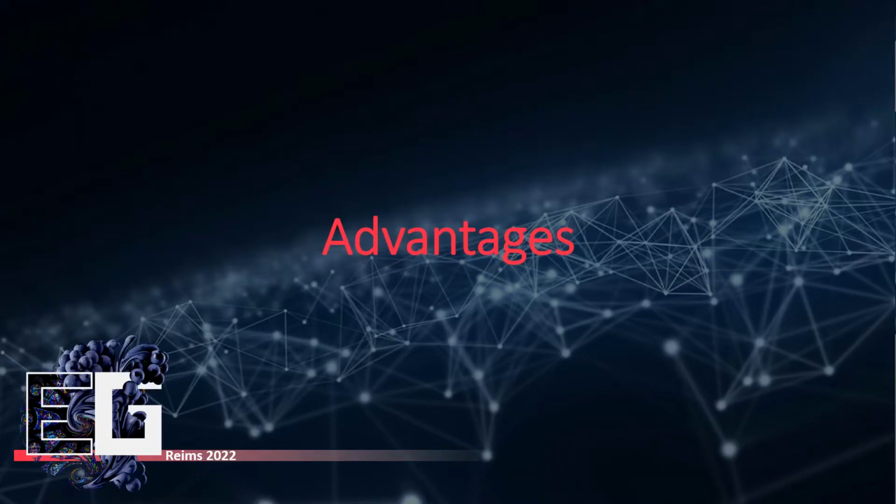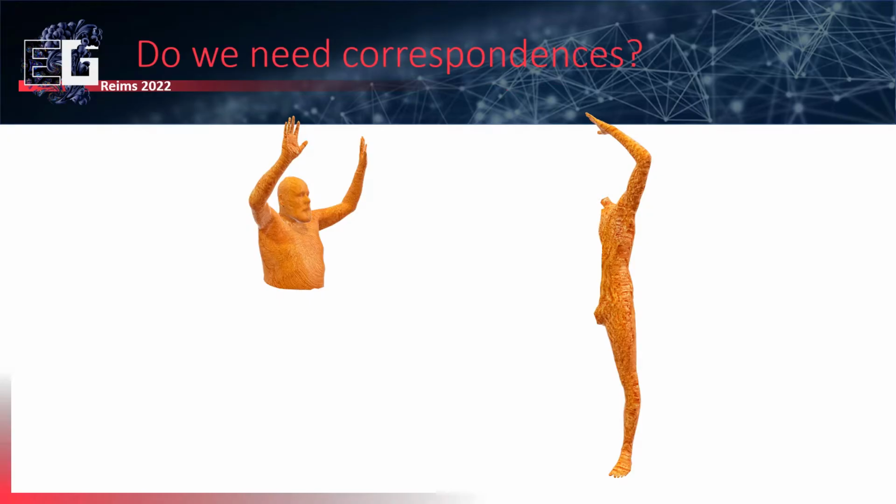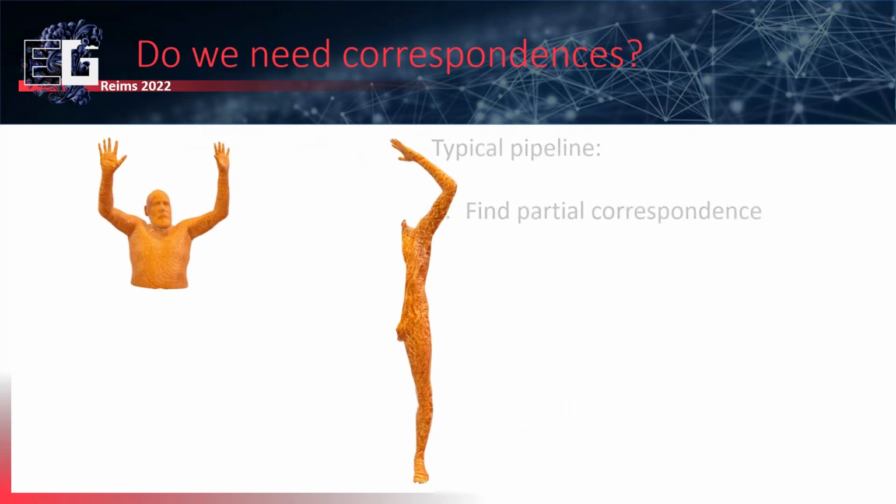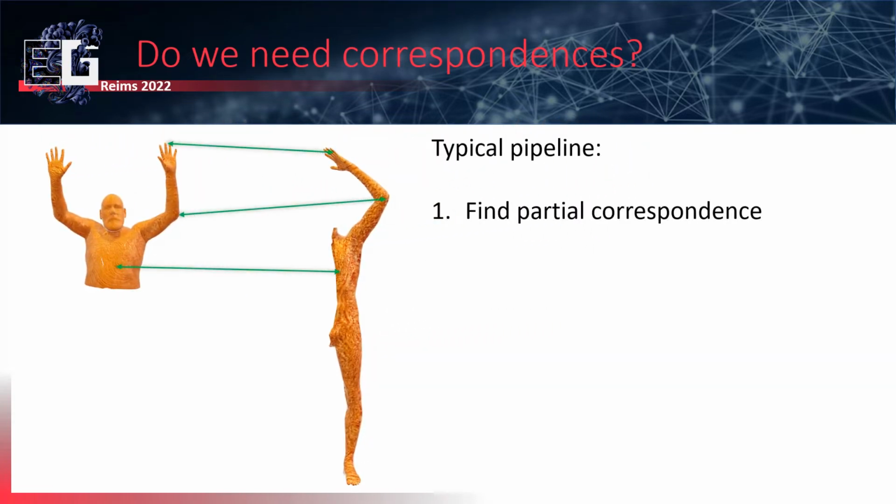So working in the spectral space presents several advantages. For example, to solve the previous task of region localization with a typical pipeline, we would need to first find the partial correspondences between the two partial shapes. Then we should extract a non-rigid transformation to transform one shape onto the other.